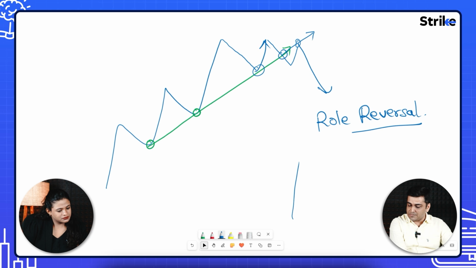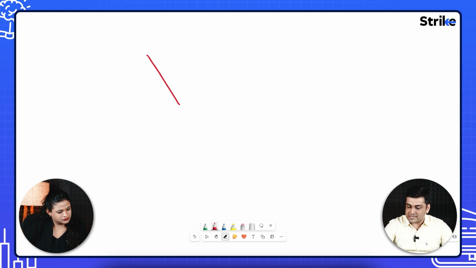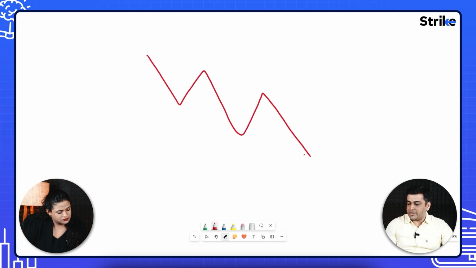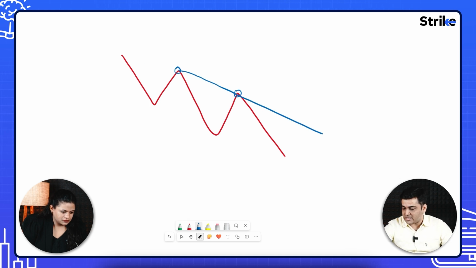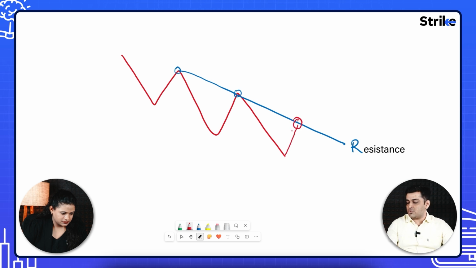So let's say, for example, it's a downtrend. In this case, we can connect two significant tops and draw a straight line down here. This line is acting like a resistance line. It's a trend line. Now, whenever prices tend to come up in future, they will tend to take resistance over here and fall down once again.